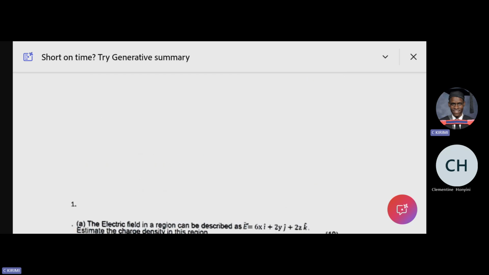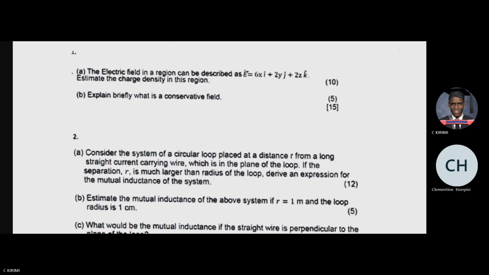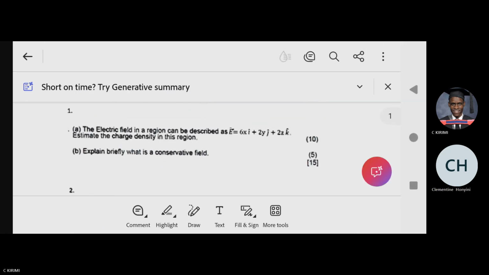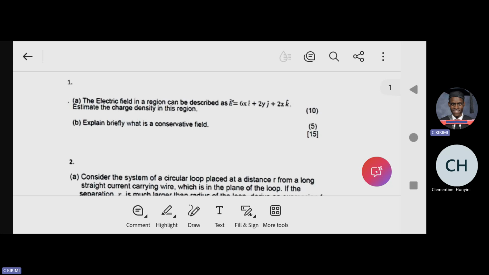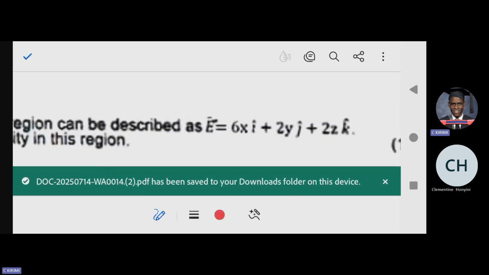So the questions that I gave you the other day were 1 and 2. So the first one: the electric field in a region can be described by E. That E is a vector, which means it has a component in the X, in the Y, in the Z direction.